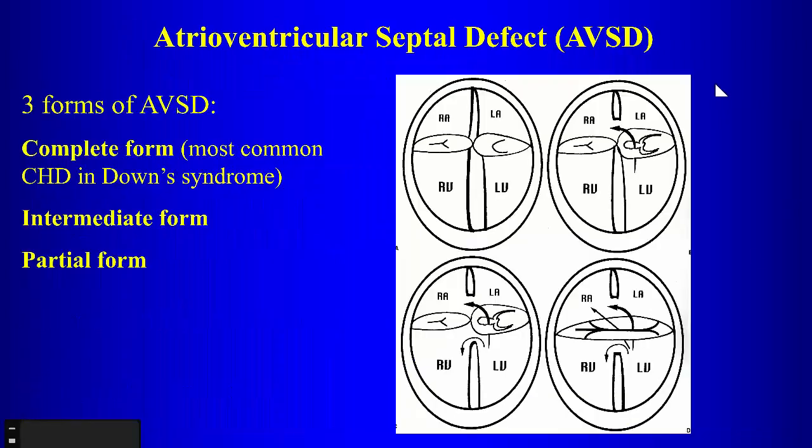Right? So those are your atrioventricular septal defects. They can be partial, they can be complete. I'm not going to test you on the intricacies and the differences of those. Just realize that the complete form is associated with Down syndrome, with trisomy 21. Make sure you can recognize the complete form. That's usually the form that you might be shown on exams.